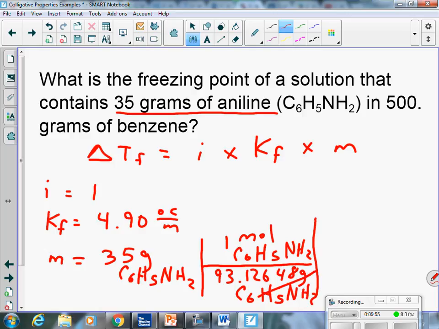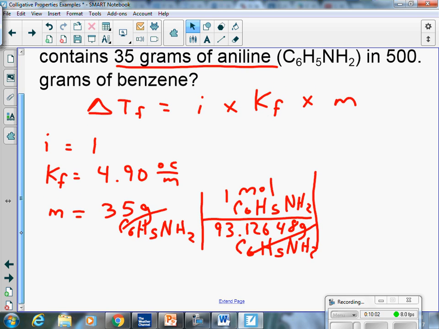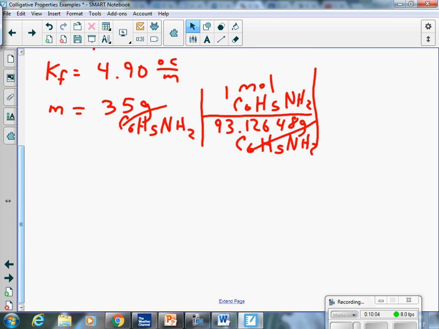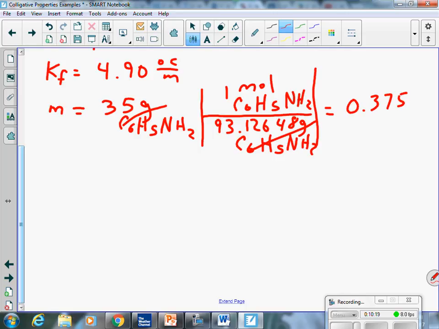My grams cancel. So my final answer is going to be in moles. So when I do so and get my final answer, I come up with a value of 0.37583 moles.